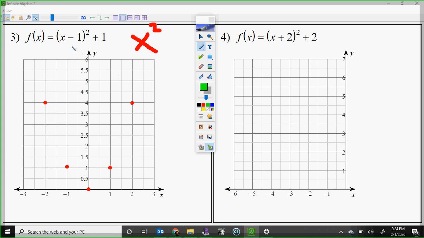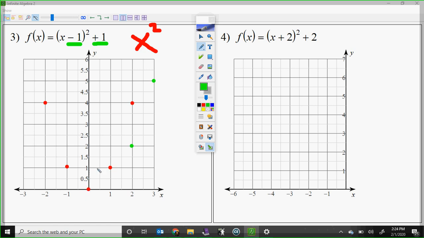And again, I'm shifting it right 1, up 1. So let's look at this point up here. I'm going to start at the top right hand point, and I'm going to go up 1, right 1, and put a coordinate point. I'm going to come to the next point. Up 1, right 1, put a coordinate point. Next point.